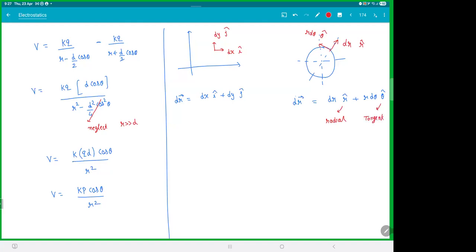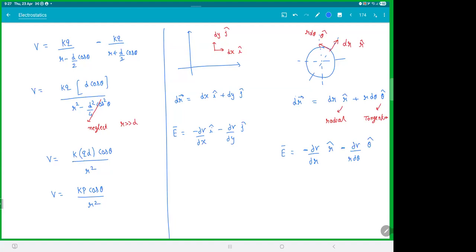R d theta is a small vector in the tangent. And when you wrote the field in Cartesian, you wrote minus dou V by dou x i cap minus dou V by dou y j cap. That's your partial differentiation in Cartesian coordinates. In polar coordinates, this will become minus dou V by dou r, r cap, minus dou V by r dou theta, theta cap. That's your partial differentiation in polar coordinates.